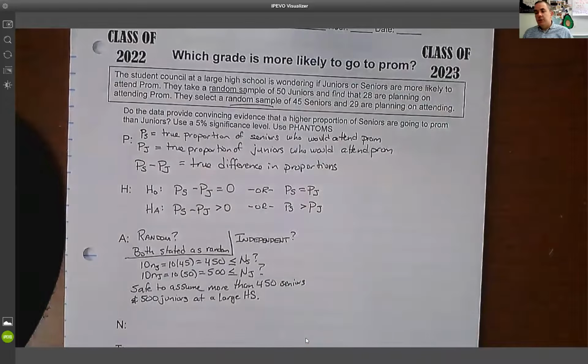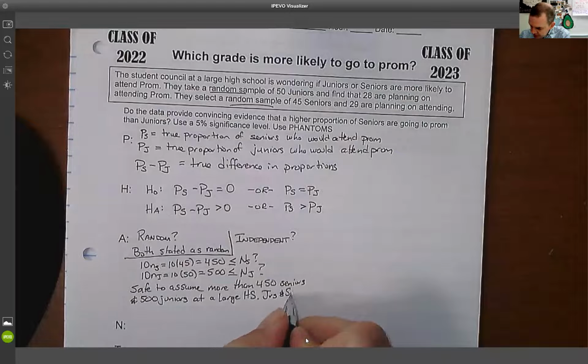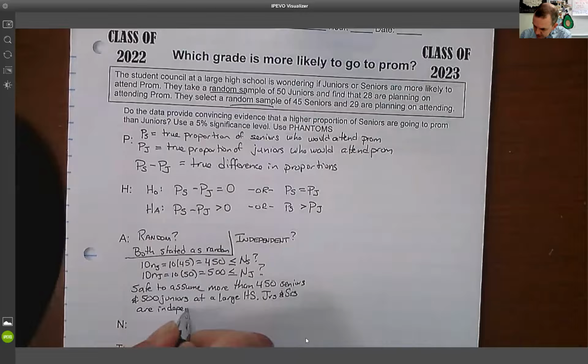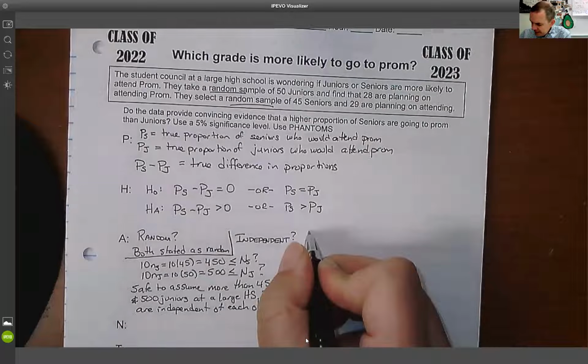And the other thing we always want to do is we always need to address the independence of the two samples of each other. And I can say that juniors and seniors are independent of each other. So you want to make sure you say both of those. So there's my independence check.